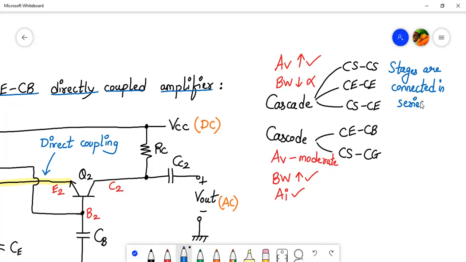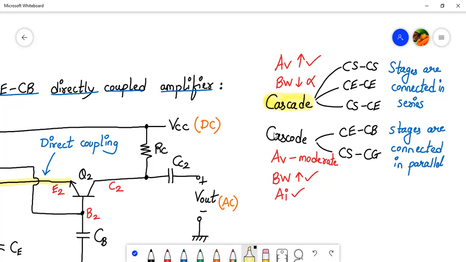Whereas in case of cascode, the two stages, let's say in this case we are considering two stages, are connected in parallel. So that is the difference between your cascade and cascode, right?